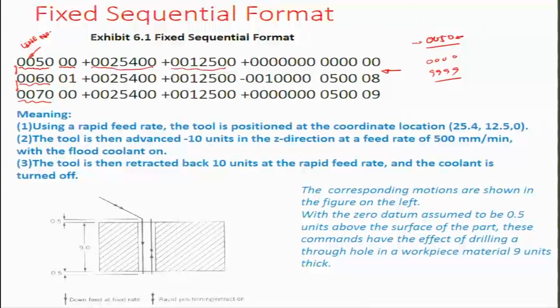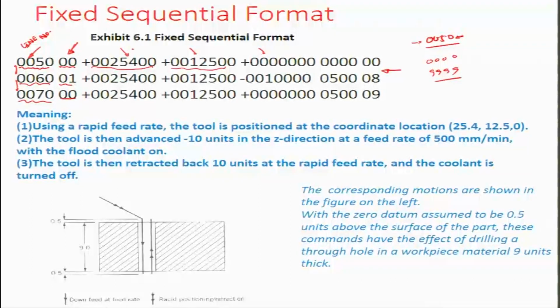For example, the second column here refers to the preparatory command, and similarly there are these numbers which talk about the individual coordinates.